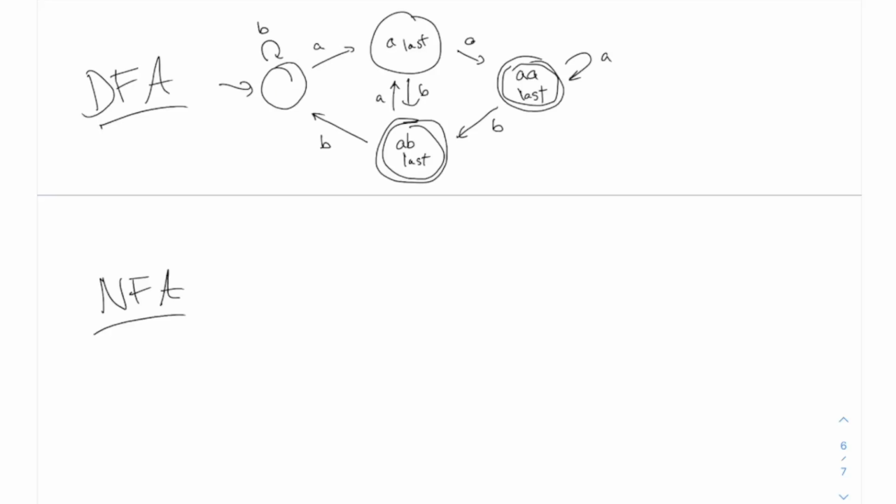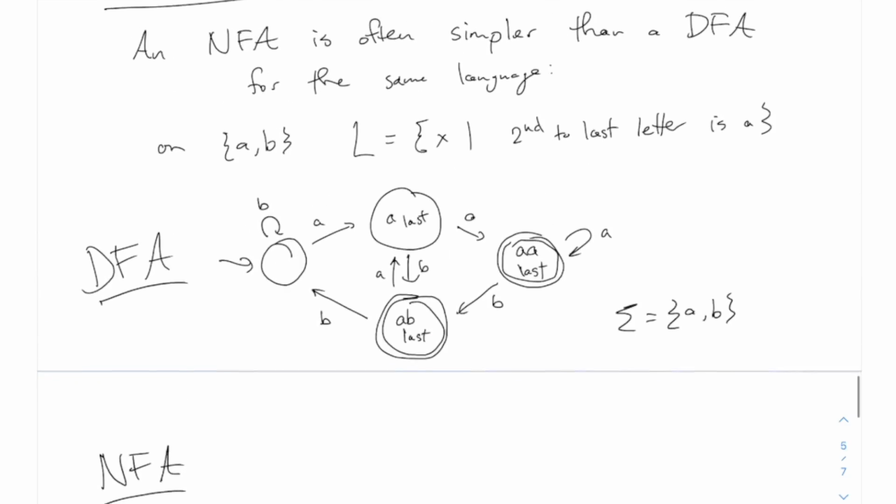If you were to write it formally for the alphabet, would you put a star since it could be anything? No. Formally, you would say sigma is AB. The alphabet, sigma, is always just a set of individual letters. You put the star if you wanted to describe, like, I didn't put it right here, but it's kind of implicit.